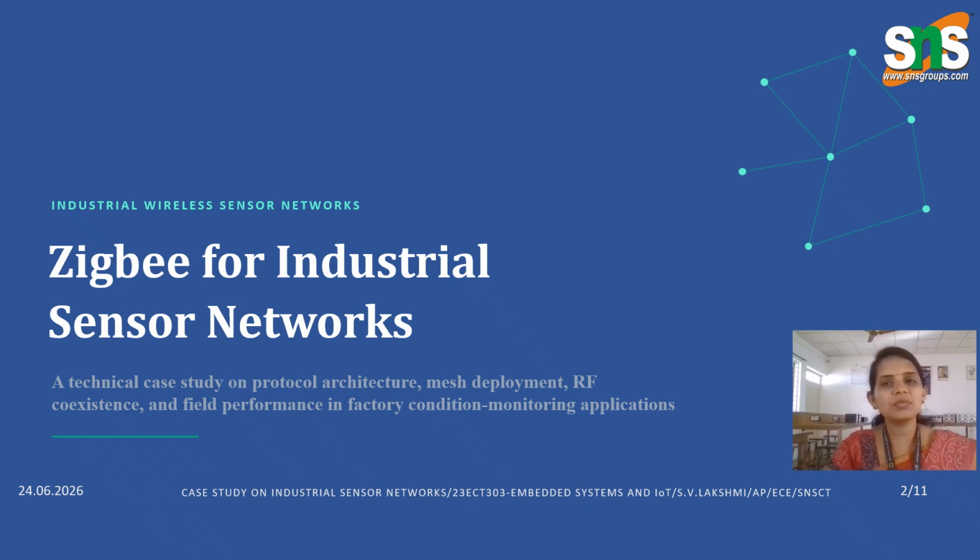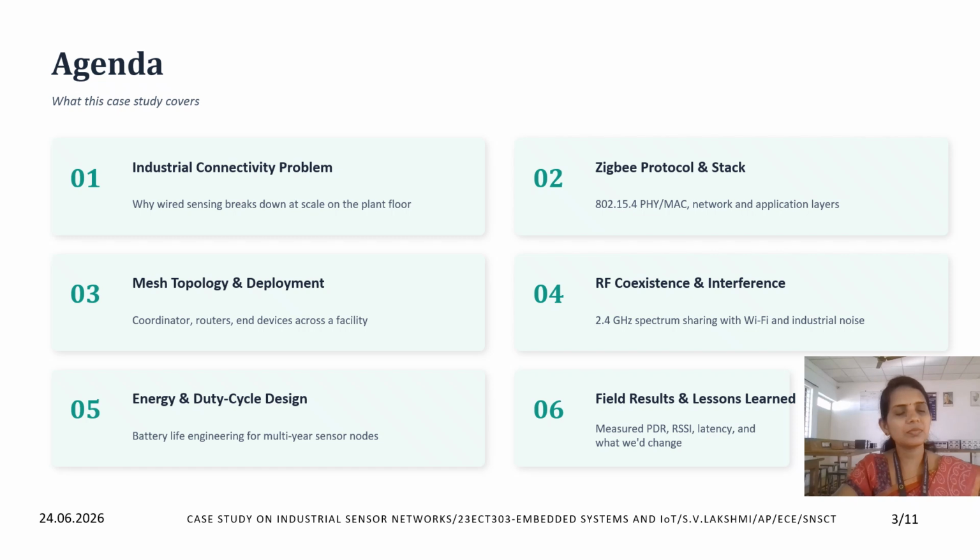The main objective was to monitor the industrial parameters continuously, reduce wiring and maintenance cost, enable real-time data transmission, and improve machine reliability. So let us discuss how this model works.